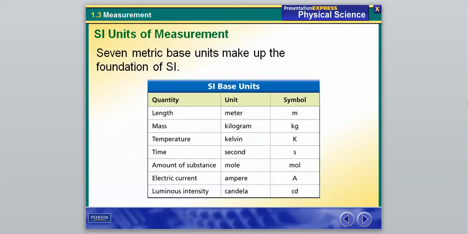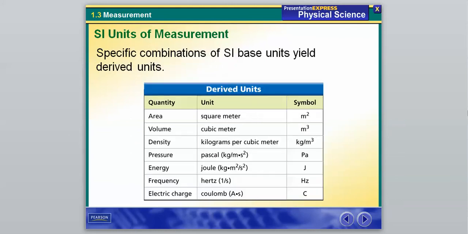Look, we have a meter here for length, and then for area we have the meter squared, derived from our single base unit. These are derived units: area, volume, density, pressure, energy, frequency, electrical charge, which have a lot of similarities to that first chart we looked at.